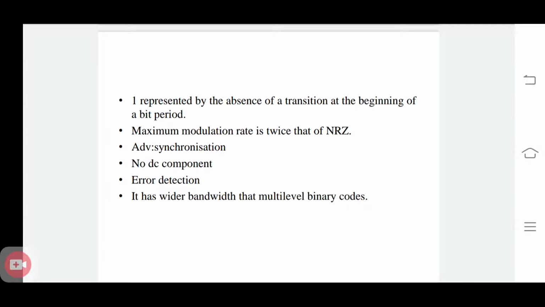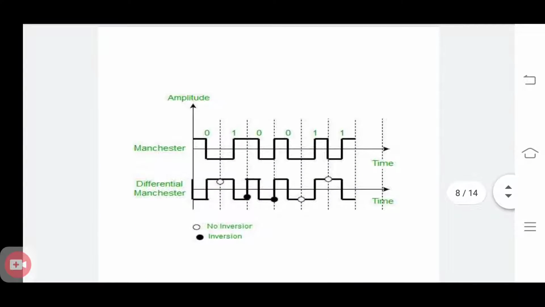Its bandwidth is less wide in the biphase mechanism than that of multi-level. Error detection is one advantage. No net DC component is another advantage. Also synchronization. You can see in this figure how a particular digital data is represented in Manchester and differential Manchester.